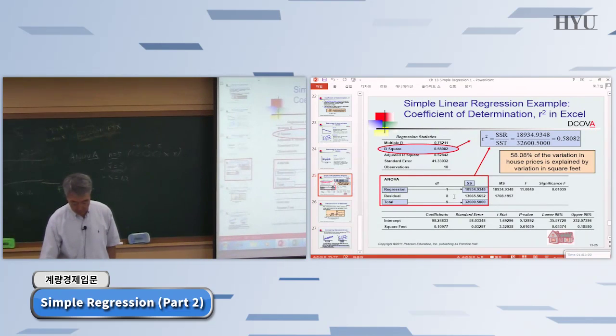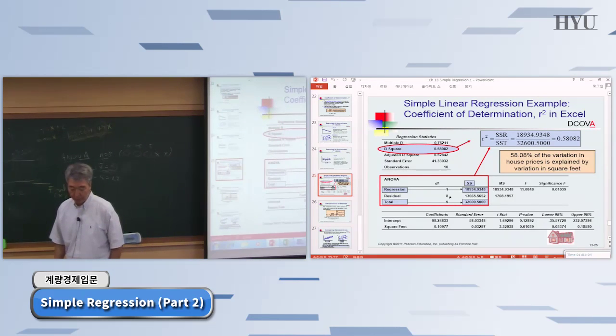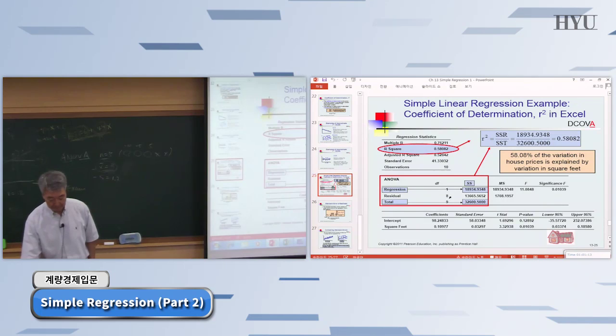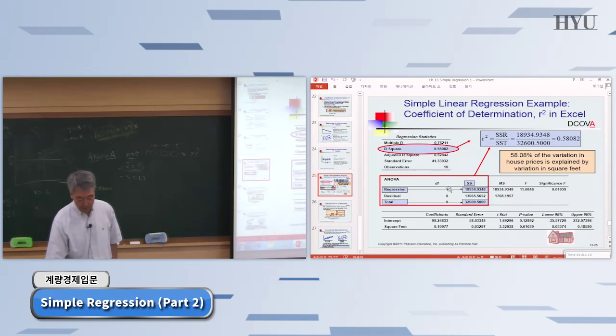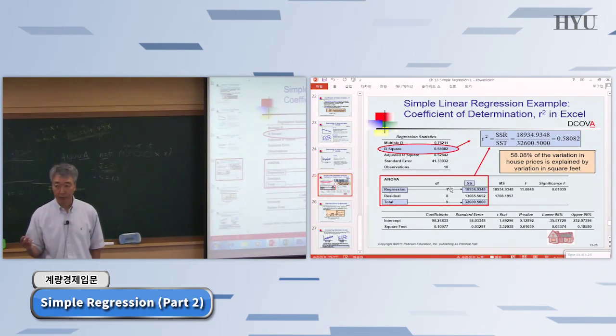The general formula, later in the next chapter when we talk about multiple regression, I'll give you the formula. The degrees of freedom for regression is the number of independent variables. We usually use K. If you have 2 explanatory variables, or independent variables, degrees of freedom will be 2, right?